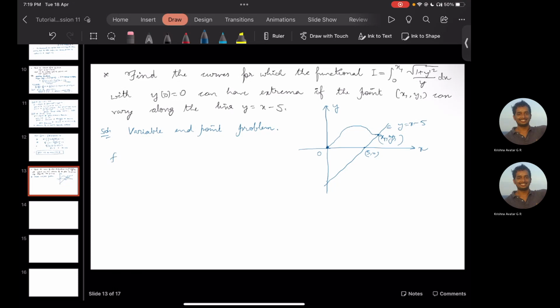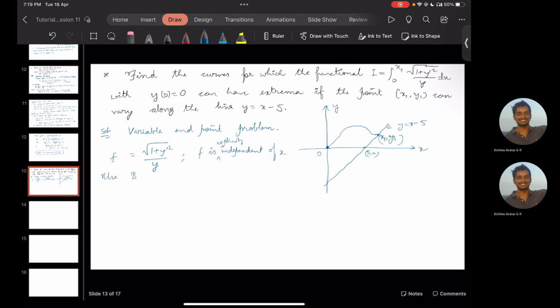So in this case, the integrand of the functional I is root over 1 plus y prime squared divided by y. And what we say is f is independent of x explicitly. I need to make this clear. Independent of x.